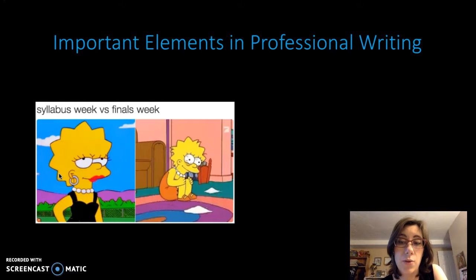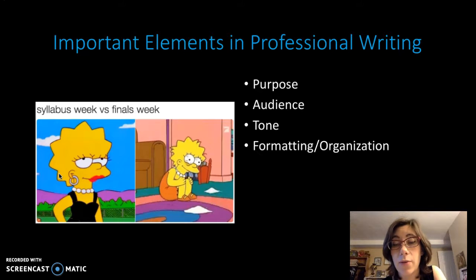All right, so when revising your professional writing, there are a couple important elements that you need to pay attention to, and these will be familiar. We've been talking about them all session. You need to look at the purpose of your document. You need to think about your audience, your tone, and then think about the formatting and organization. And those are the higher order concerns.